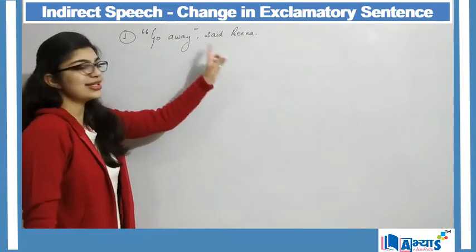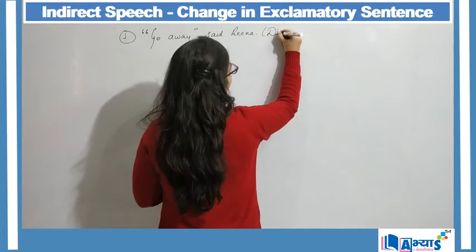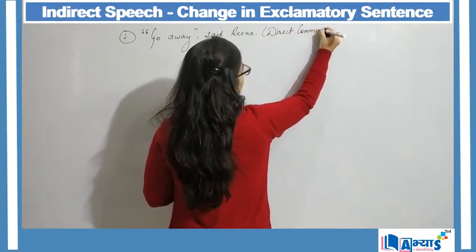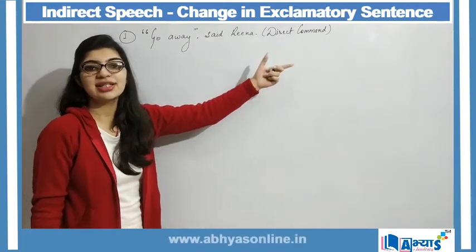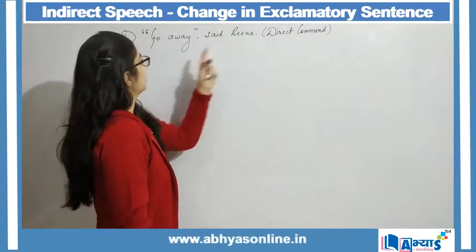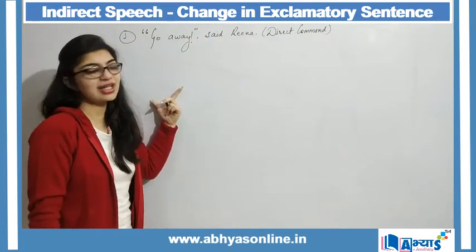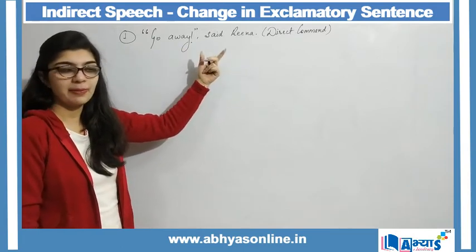Now go away, said Reena. This is a direct command. Go away, said Reena is a direct command. Now this is an exclamatory sentence. Why? Because the word here contains an exclamation mark.